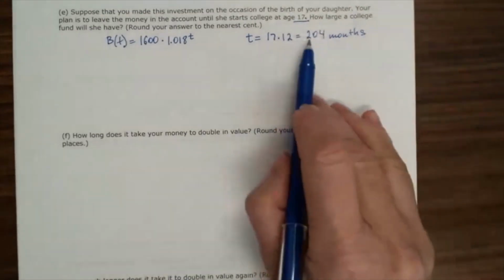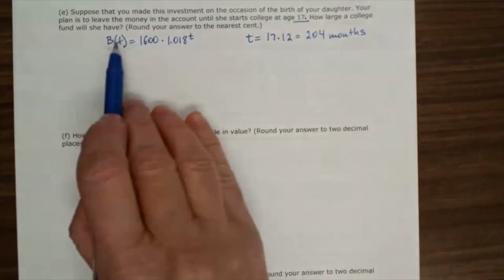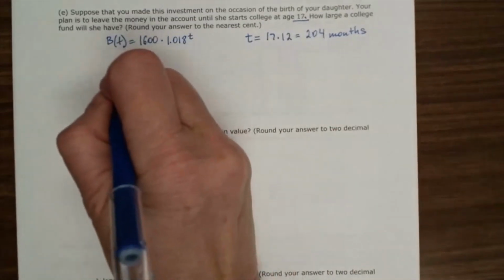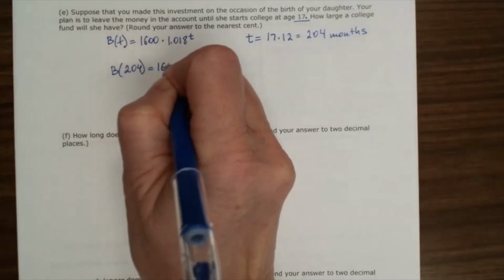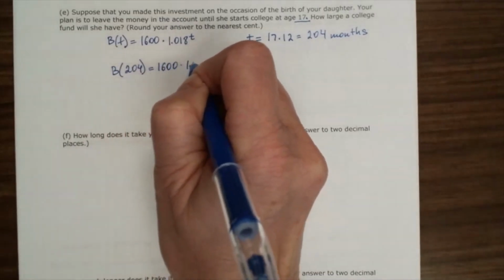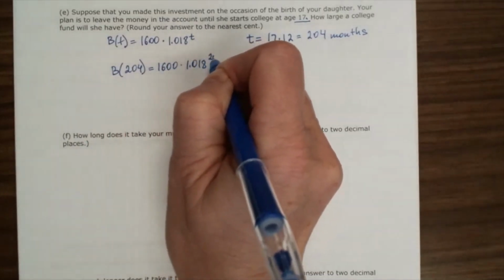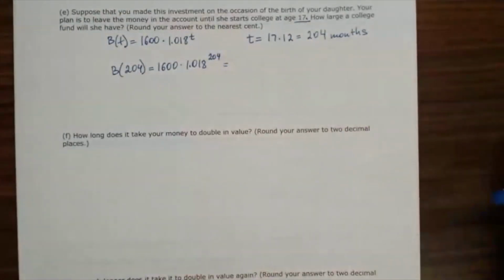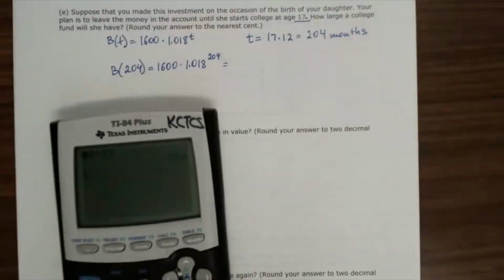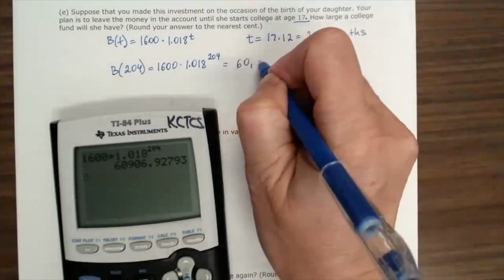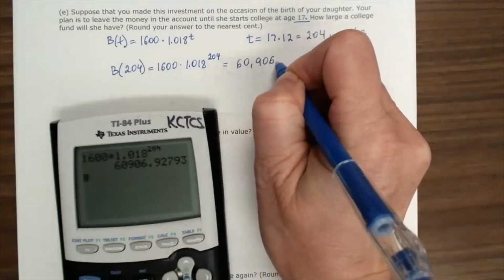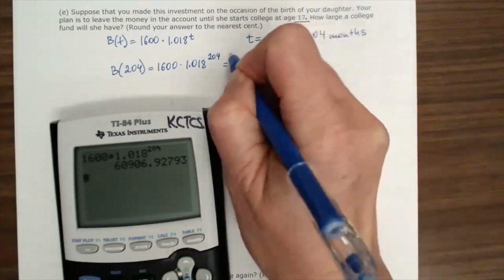We will substitute 204 into this equation for t and calculate the value. We got 60,906.93.